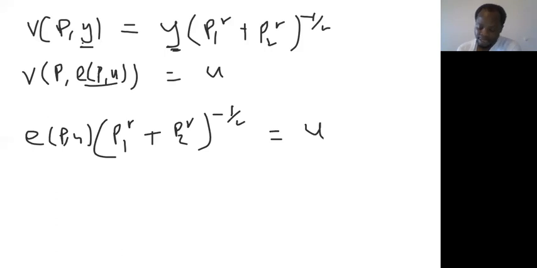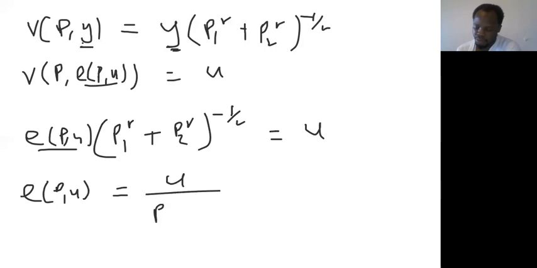So I'm going to have E(P, U) equals U over (P1^R plus P2^R) to the power negative 1 over R.